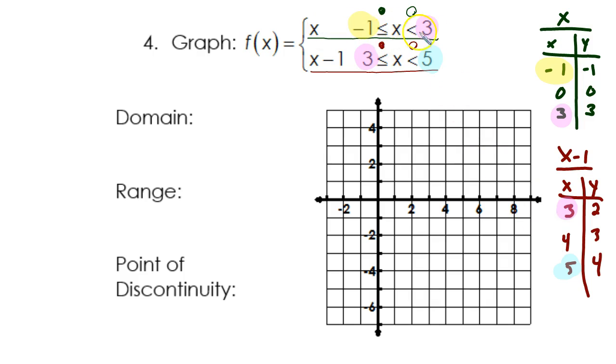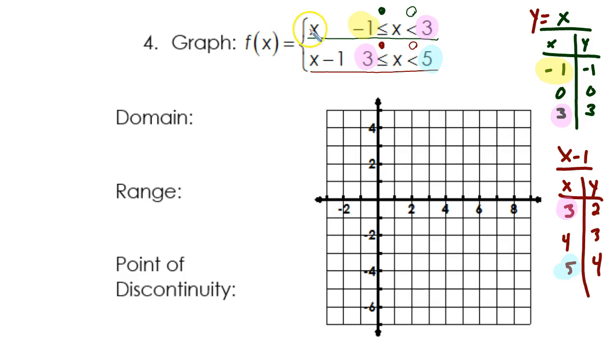So I again have color-coded green and maroon, and we're going to start with a boundary of -1, something between -1 and 3, and a boundary of 3. I've already plugged these into this function, so when I have f of x equals x, an x value of -1, remember this is like y equals x, so x equals -1, y also equals -1.